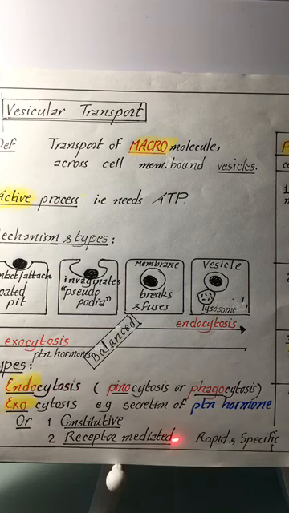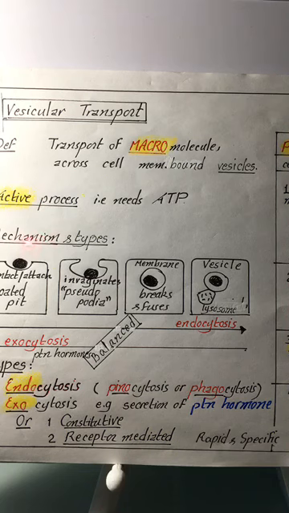The receptor mediated vesicular transport is more specific and more rapid compared to the constitutive one. This is the vesicular transport. By definition, it's related to the macro via vesicles. It's an active process, number 2.